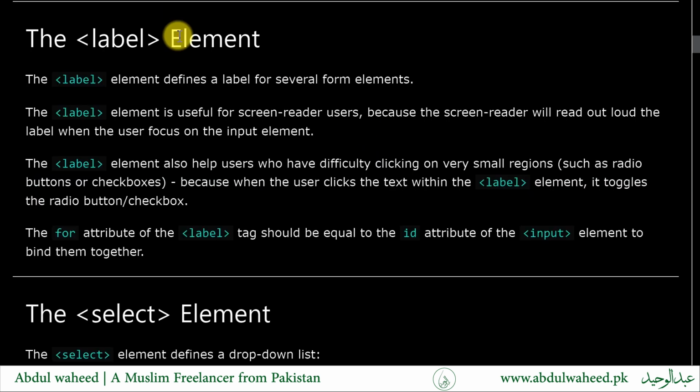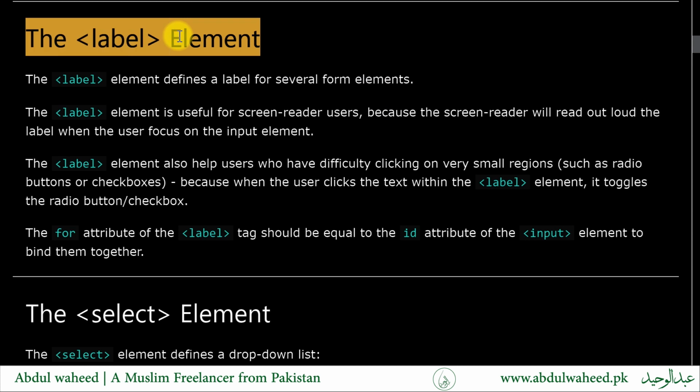The next element is the label element. The label element defines a label for several form elements. The label element is useful for screen reader users because the screen reader will read out loud the label when the user focuses on the input element.